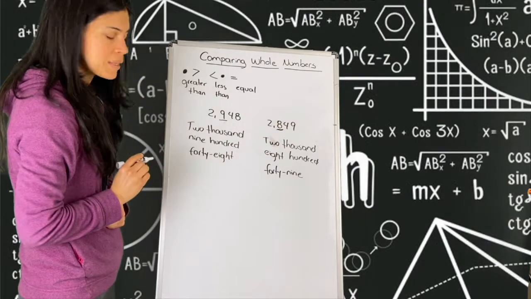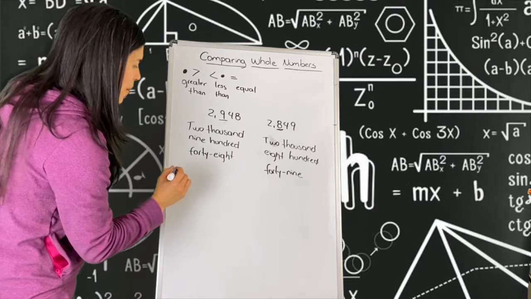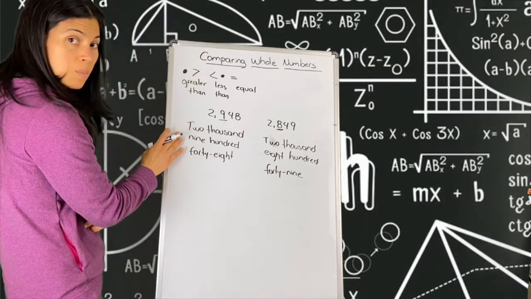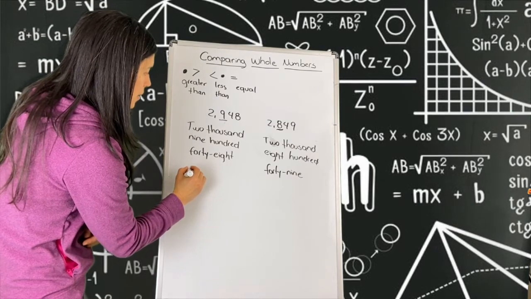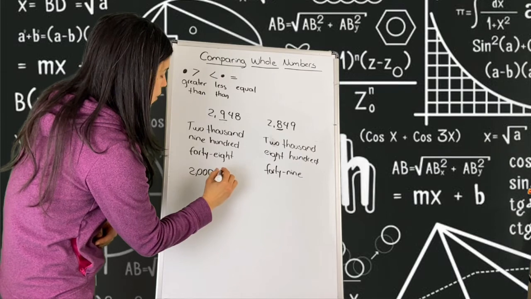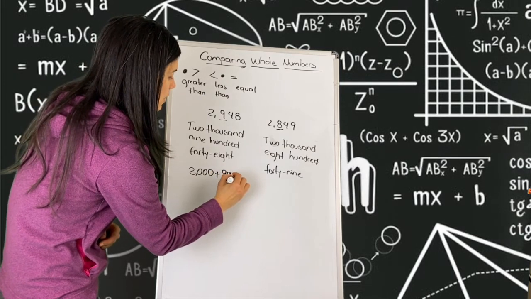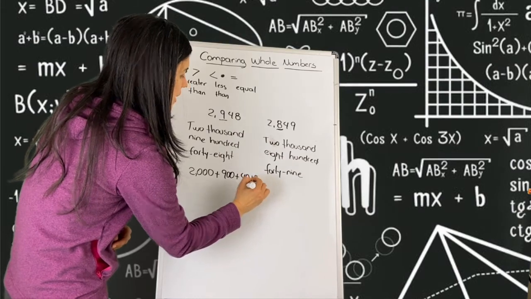Now, there is another way that you could do this, and that is writing the expanded form. This is called the word form, and if I write it in expanded form, I'll have 2,000 plus 900 plus 40 plus 8.